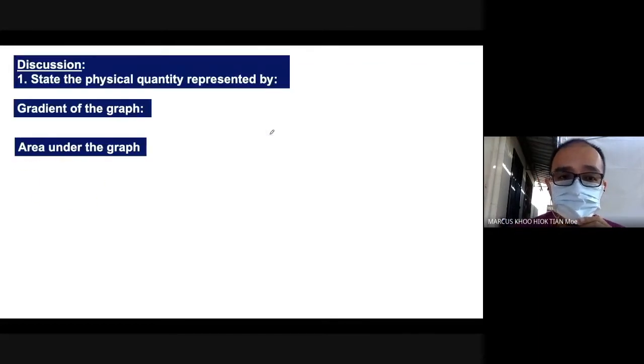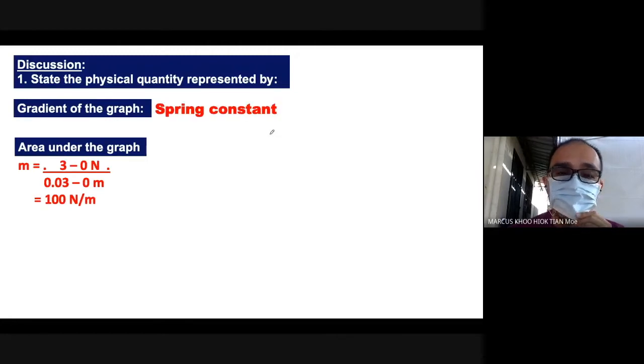Okay, so the gradient of the graph actually represents this thing called the spring constant. Remember just now the gradient of the graph is the force, the f-axis, divided by the extension. And the force divided by the extension is also known as the spring constant. Dalam bahasa Melayu, spring constant is pemalar spring.